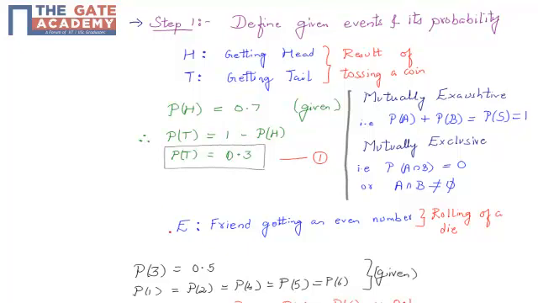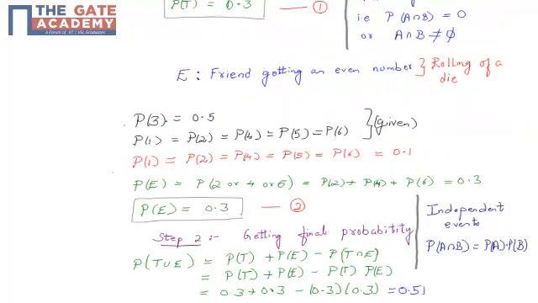Now let me suppose an event E, that is my friend getting an even number, which would be a result of rolling of a die. It is given that probability of getting 3 is equal to 0.5, whereas all the other numbers are equiprobable. Hence, again over here all these numbers are mutually exhaustive.